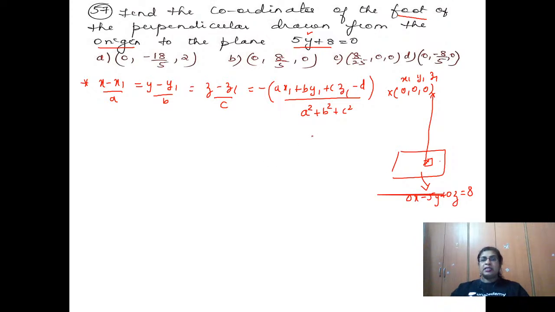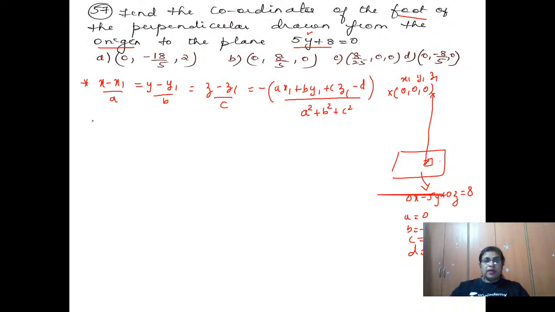Now let us write who is x1, y1, z1. You know it is the origin. And a, b, c: a is 0, b is minus 5, c is 0, d is 8. Substitute and you will get the required answer.